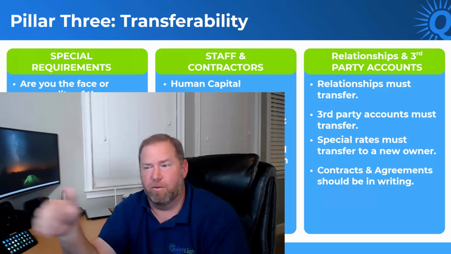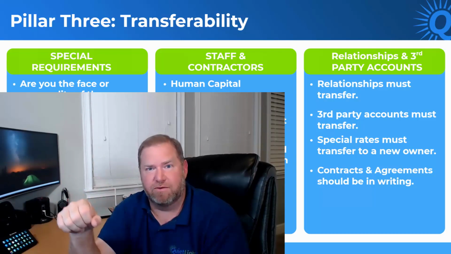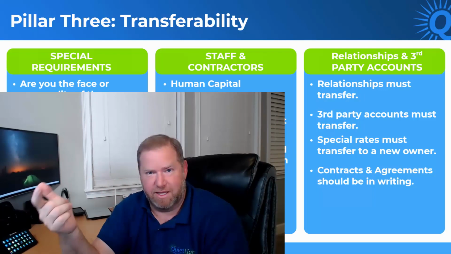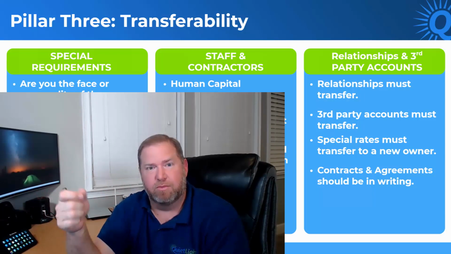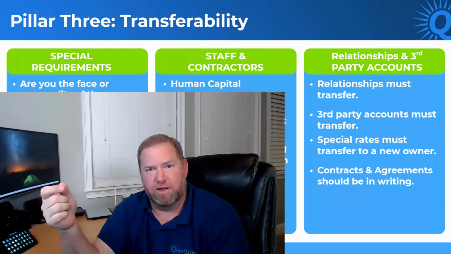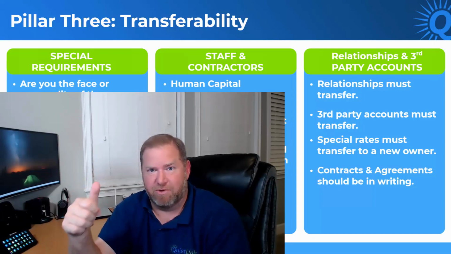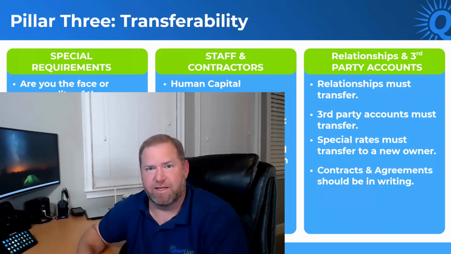Who did you pay? And where are the agreements that give you the rights to it? It's going to be important. And the larger the deal size, the more sophisticated the buyers are going to be. And the more that they're going to require these things, right? So you got to really make sure that you're getting those things in writing when you set that up.